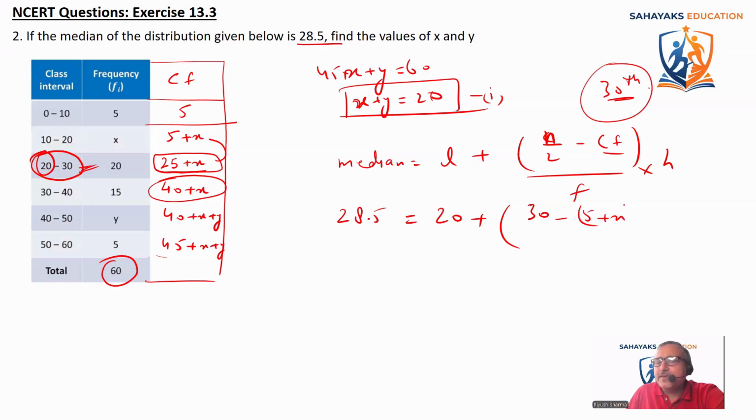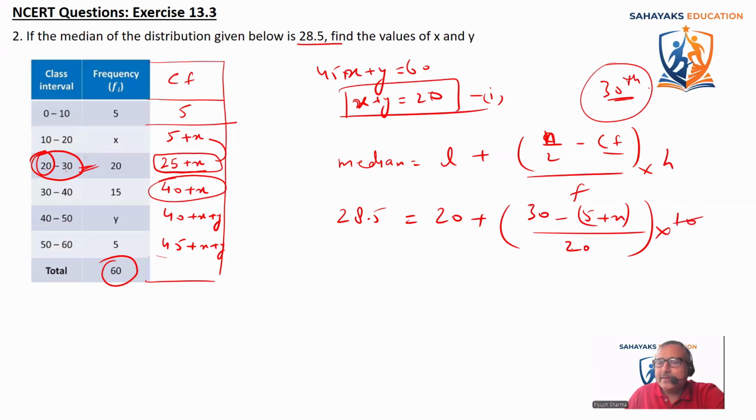Minus 5 plus x, divided by the frequency. What is the frequency of the median class? The frequency of the median class is 20, multiplied by h. H is the class size. The class size is 20 to 30, that means 30 minus 20 is 10.